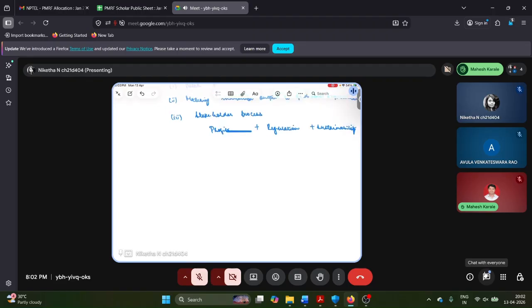So another example similar to the cement industry is going to be the sugar industry. So in the sugar industry, bagasse and molasses are produced. The bagasse goes to the pulp and paper industry.